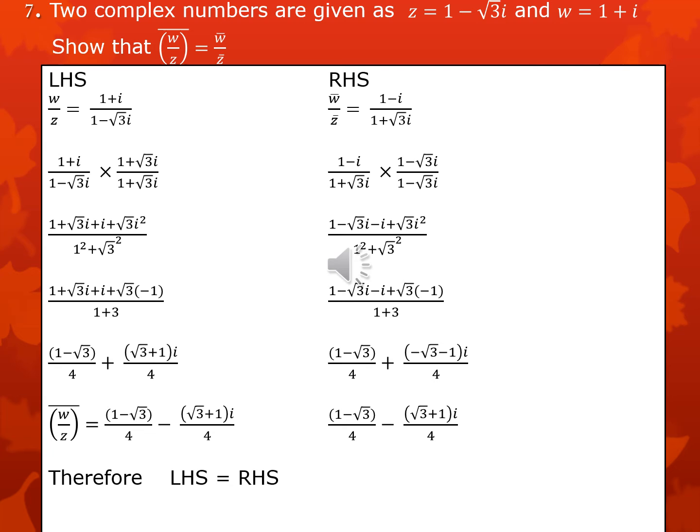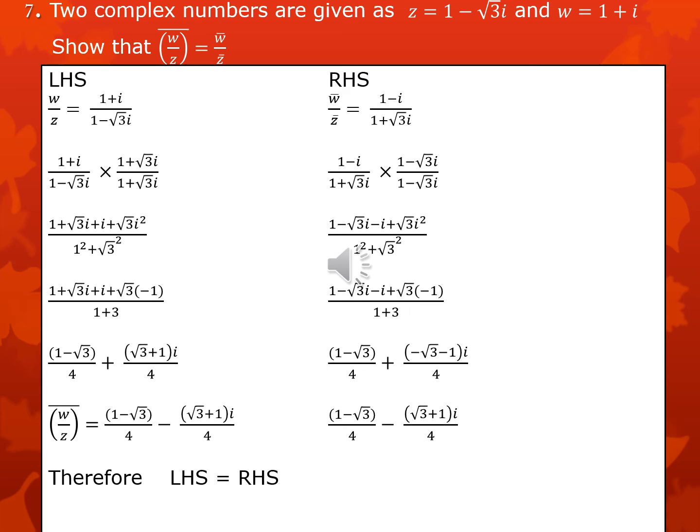So we get 1 minus root 3 as our real part, and we have root 3 plus 1 as our imaginary part. The denominator simplifies to 4. Now writing that expression in the form a plus bi, we get 1 minus root 3 upon 4 plus root 3 plus 1 upon 4i. Now that is the simplified form of w upon z.